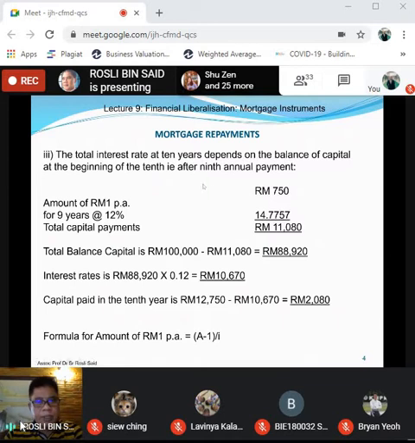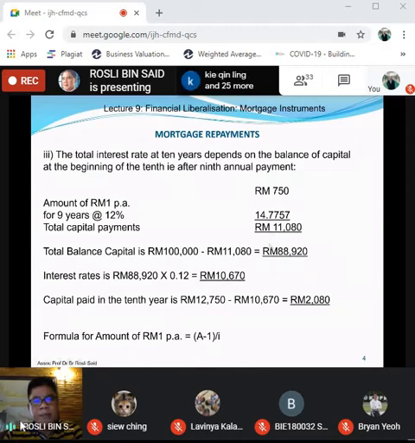So the total capital payments will be 11,080 at the end of year 9. So we must understand that this is the total payments.